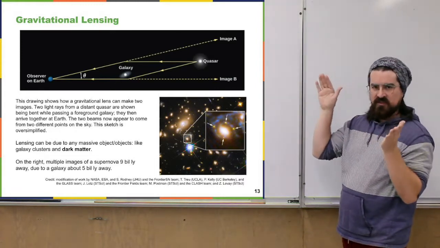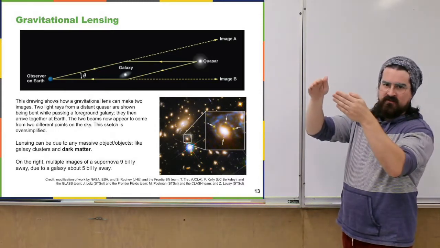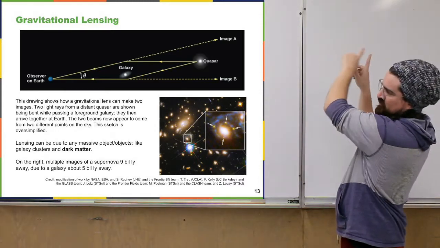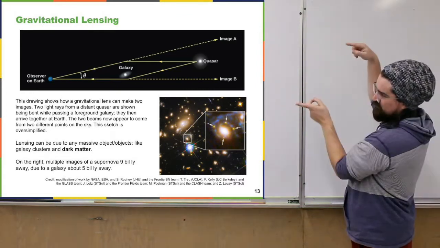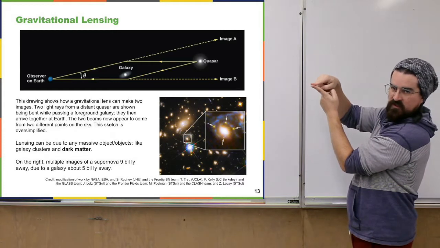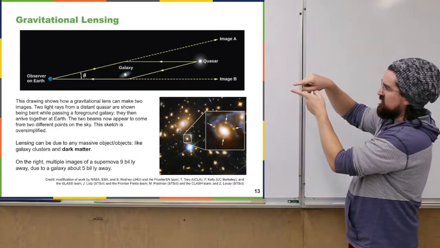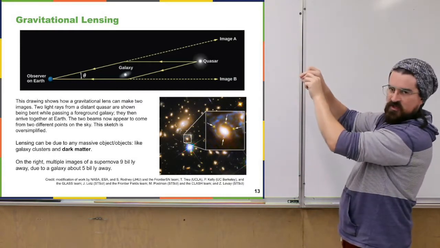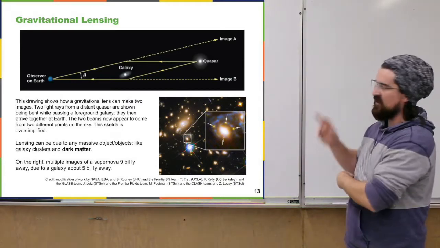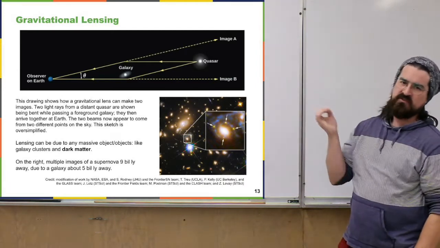The galaxy is warping space-time, and so the light bends and follows that warped path. You can imagine two light rays leaving this quasar, but they both get warped in such a way that they both end up coming back and hitting Earth. And so what does that look like to us? Well, we'll actually see it as if there was light from two different objects that's coming straight to us. So one thing that you have with gravitational lensing is you can actually get multiple images of the same object.